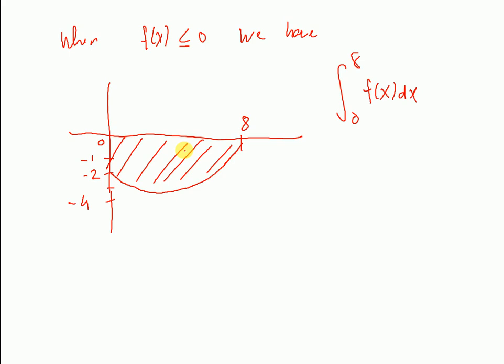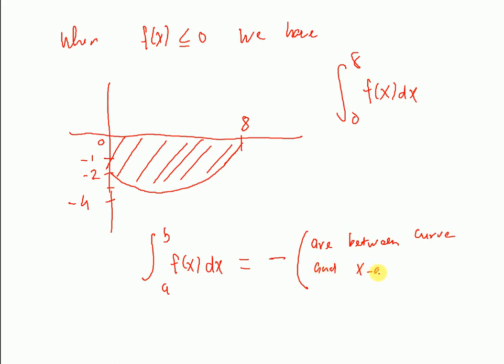Or you can write this as a to b f of x dx. This one equals the area between the curve and the x-axis from a to b.